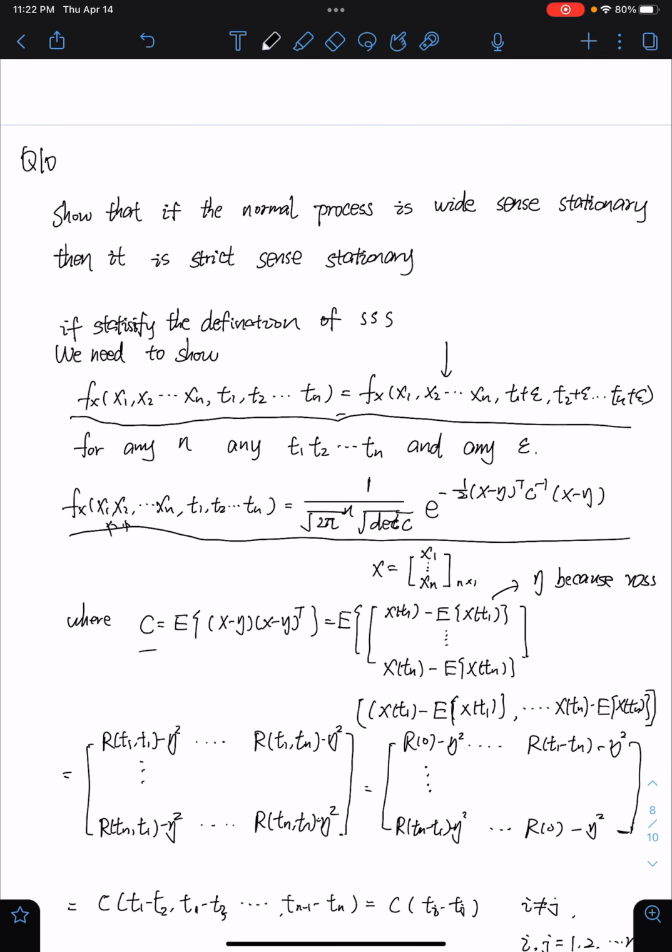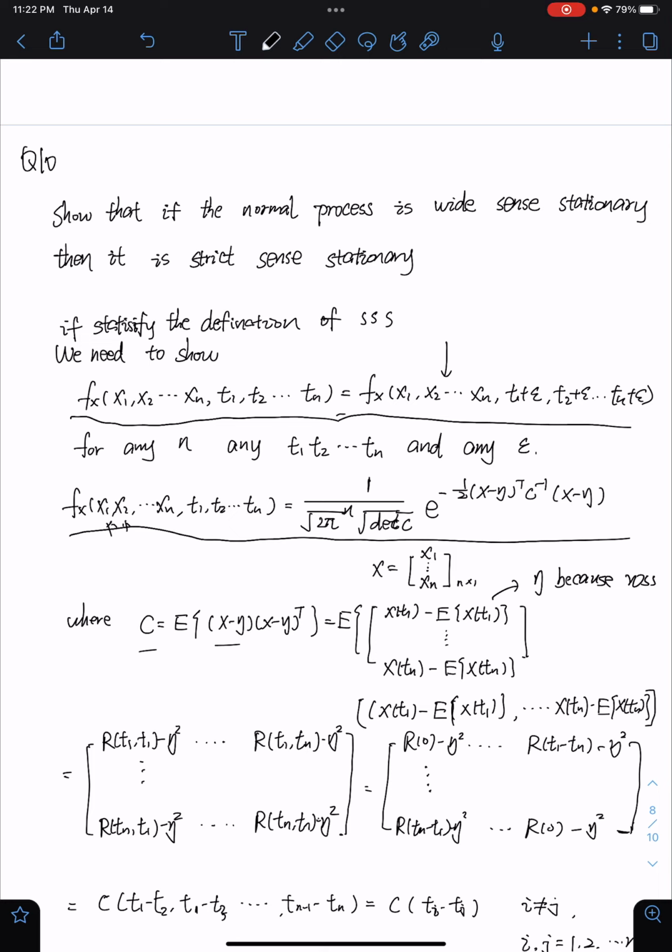And we can write the autocorrelation by definition. The first part is x(t1) minus the expectation of x(t1).